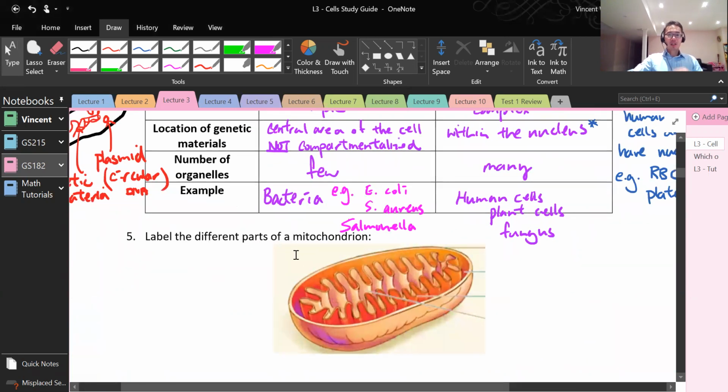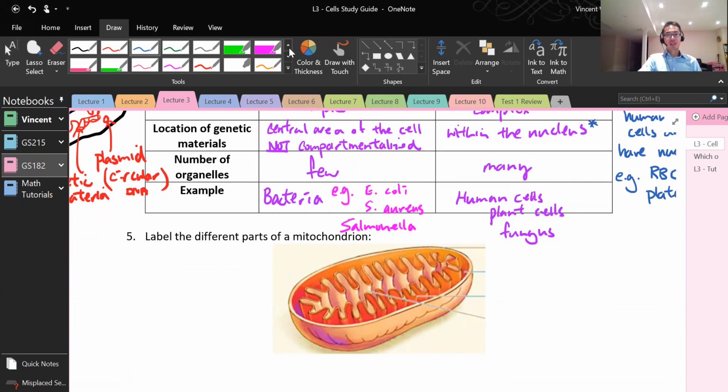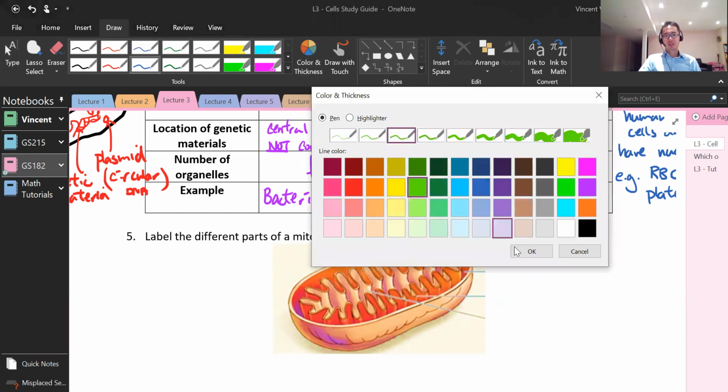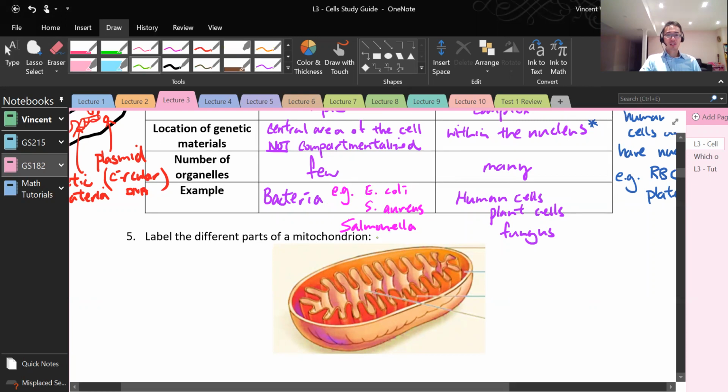Label the different parts of a mitochondrion. The mitochondrion is the powerhouse of the cell. It is the organelle that makes ATP in the process of cellular respiration. Again, we will have a whole lecture on that later on, lecture 5. But now let's take a look at the different parts of our mitochondria.